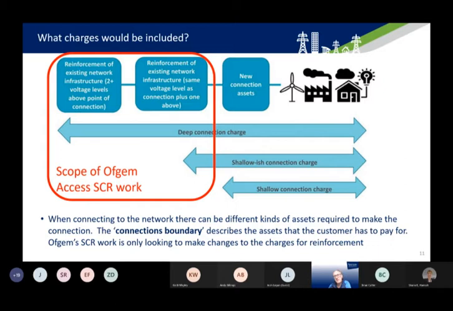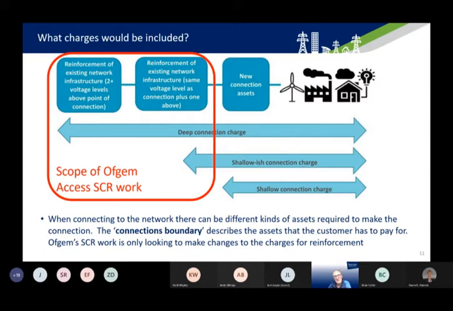In transmission, they have a shallow connection charge where in your connection charges you just pay for the new connection assets. And distribution then has got a bit of a halfway house, what's called the shallowest connection charge. That's where you, as many of you will know, pay for a proportion of that reinforcement at the voltage level above your connection point and the one above.